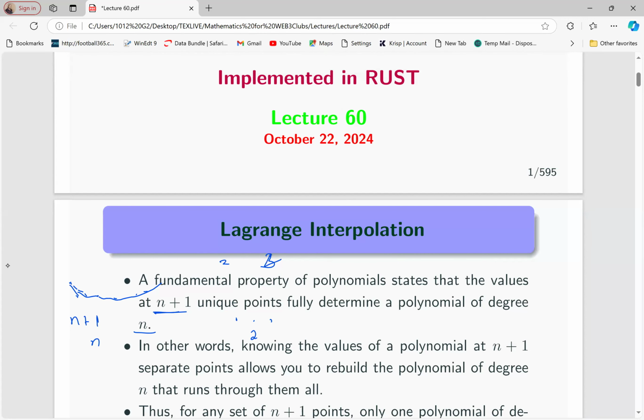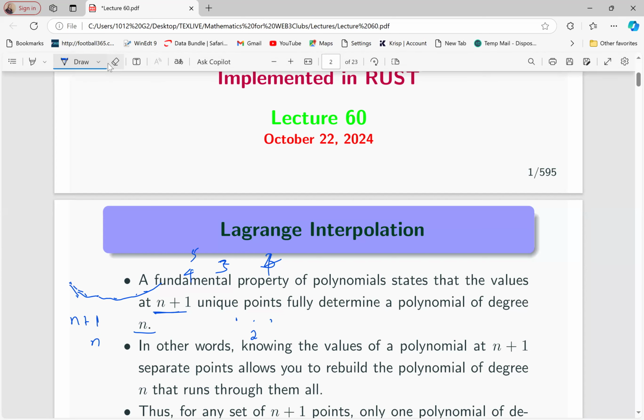If I have 4 points, it will be 3. But we can have polynomials of lesser degree. We're just saying the maximum degree we could have is n minus 1.